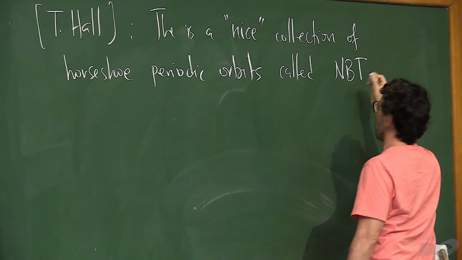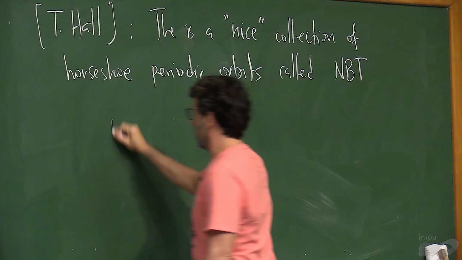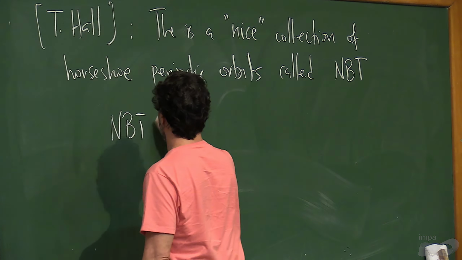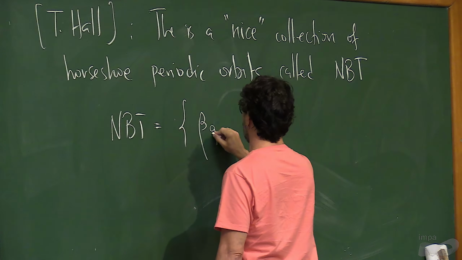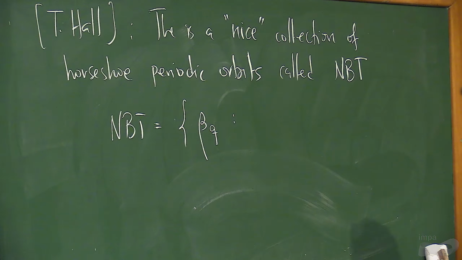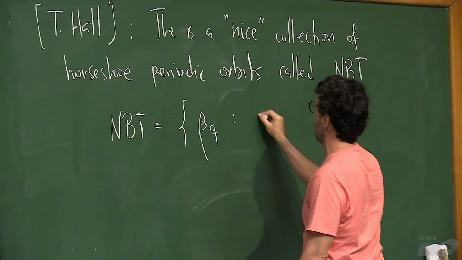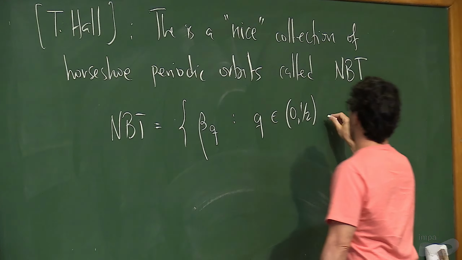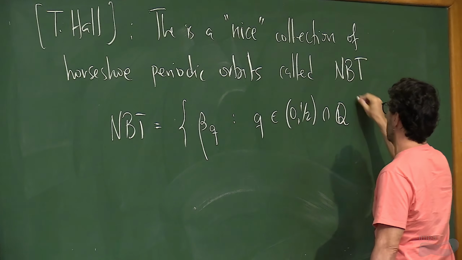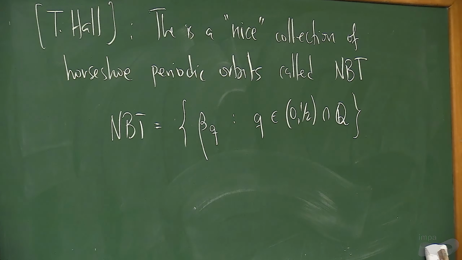NBT is for no bogus transitions, but anyway, so NBT is some collection of horseshoe periodic orbits, and they're parametrized by a rational number, q, which belongs to (0, 1/2) intersected with Q, a rational number between 0 and 1/2, and with the following properties.